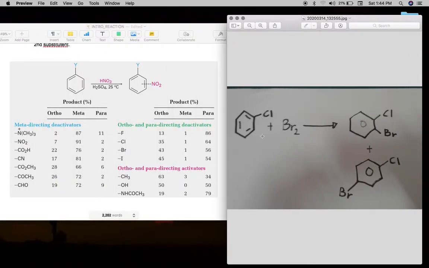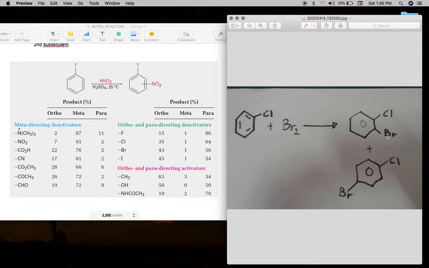Ayan. So, again, our initial substituent is the chlorine, which is an ortho and para-directing deactivator, and our reaction is bromination. Kaya ang second substituent na madadagdagan sa benzene ring is our bromine in ortho or para position. So, the major product for this reaction will be ganitong itsura.